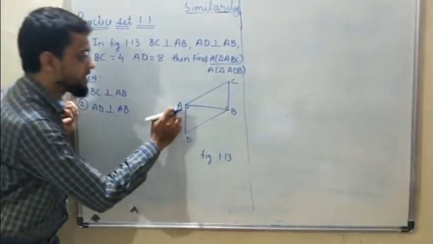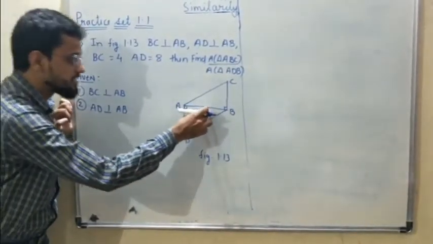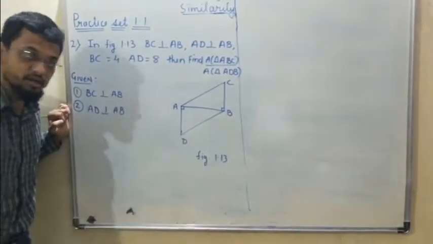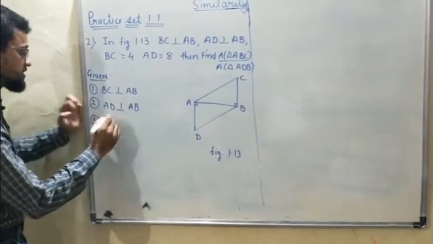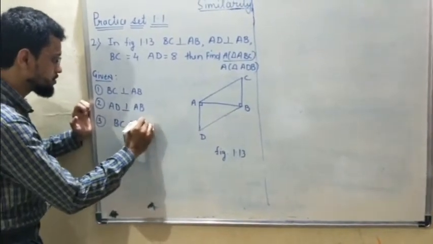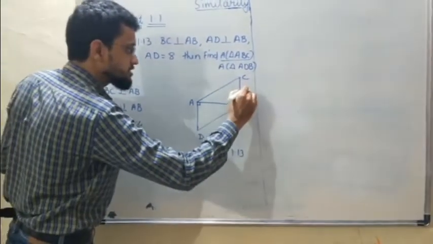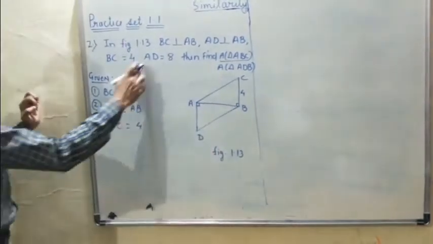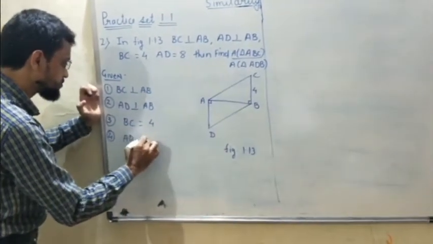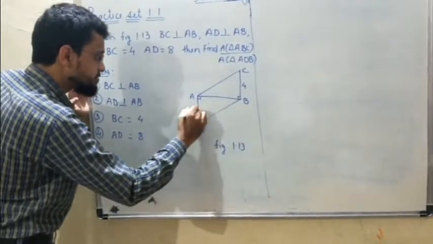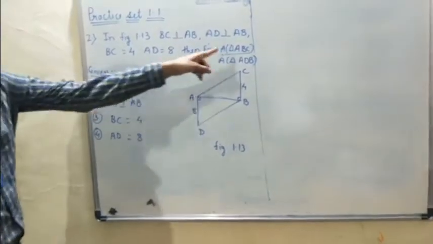So considering triangle ABD, if AB is the base, then AD is the height. Third point given is BC is equal to 4. BC, here it is 4. AD is equal to 8. AD is 8.